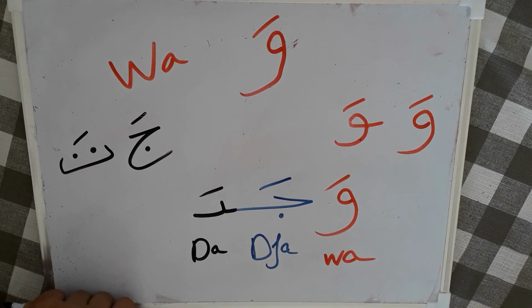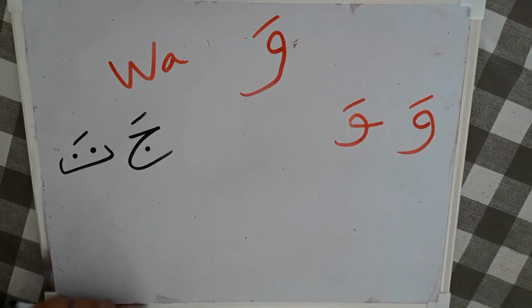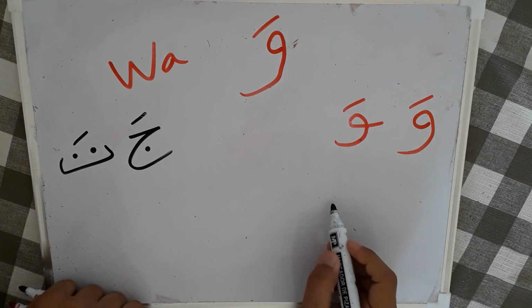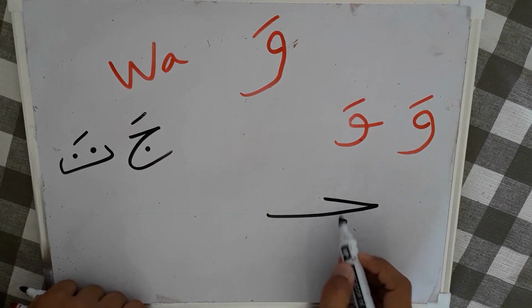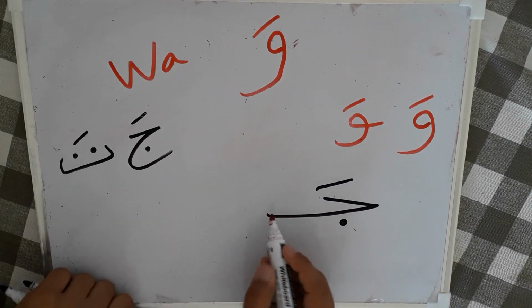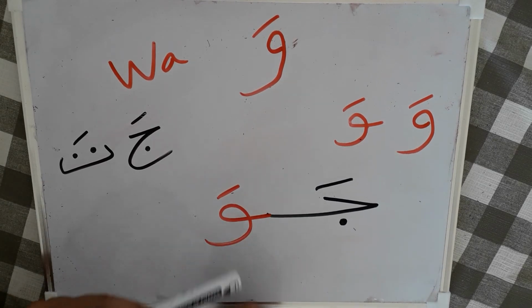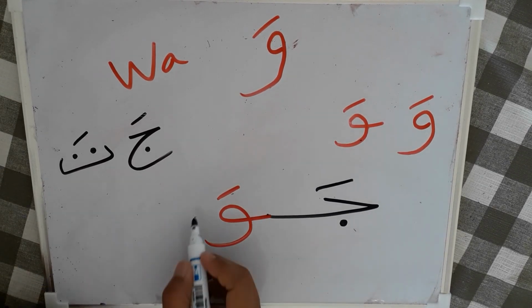Let's see another one. Let's start with ja, and then wa in the middle, and finally let's add ta.